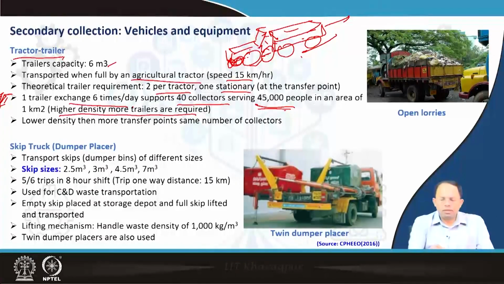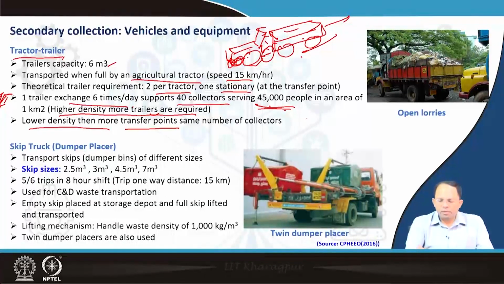And if the density increases, of course, that means more waste would be generated. If that is the case, then one trailer is not good enough. We have to add further trailers. Whereas if the density is low, then we have to have multiple transfer points.